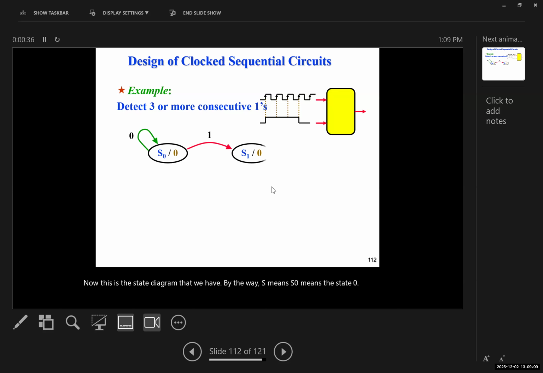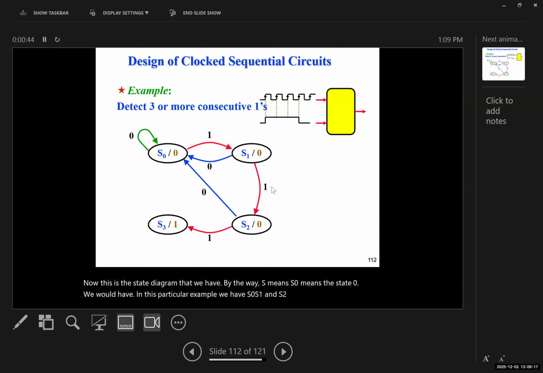In this particular example, we have S0, S1, S2, and S3. The state diagram looks like this. So the example will be like this. We want to detect 3 or more consecutive ones, and the state diagram will look like this.